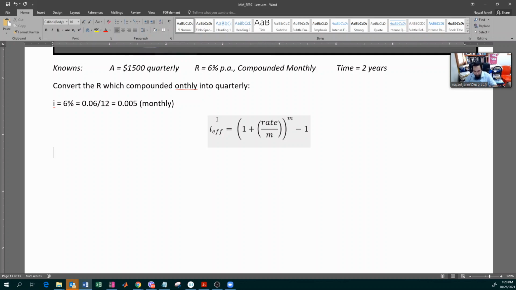Now, what is our rate, guys? Our rate was 0.06. What is our M equal to? Our M is equal to 12. Rate divided by M. This M and that M is different. Let me show you further on that.